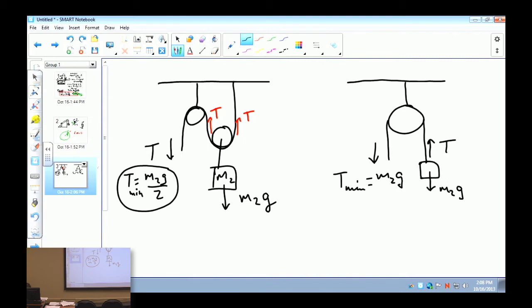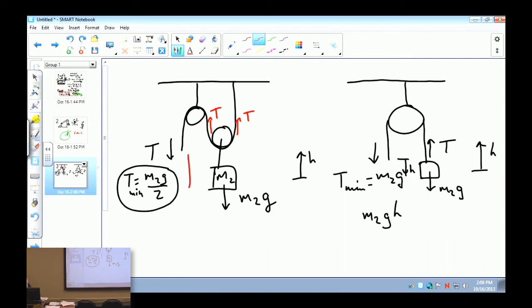And now if you displace this mass a distance h in both cases, what is the work done in the two cases? The work is the same, even though the force is half as much in the case on the left. You have to move the rope a distance twice as far because the body that's suspended has to move the same distance in the two cases. So if I'm going to move this a distance h here and this a distance h, then the work done on the end of the rope will be m2gh in this case, because the end of the rope is moving down an h.